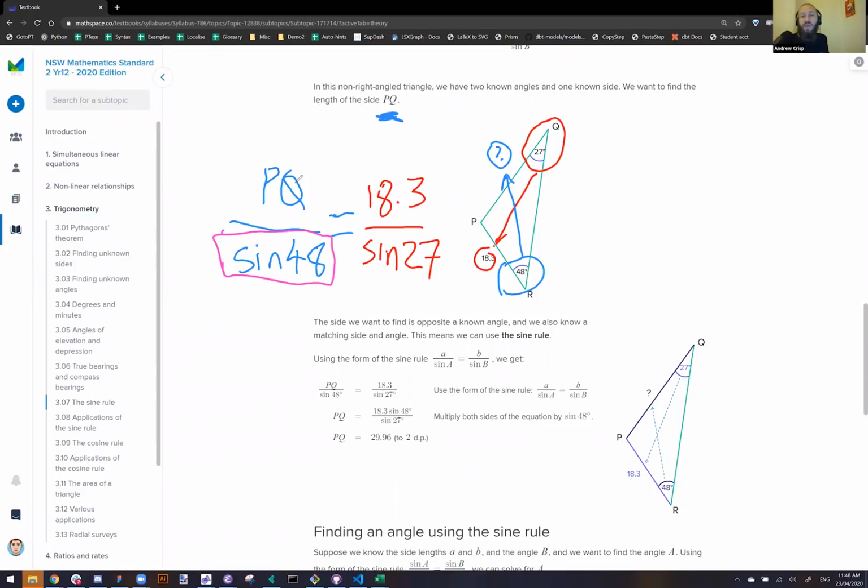If I want PQ on its own and it's being divided by sine 48, I want to multiply both sides by sine 48. And then I get the much easier to work with equation that looks like this. And as soon as we're in a situation in which we've got the thing that we want equals something we can throw into a calculator, we throw it straight into the calculator.